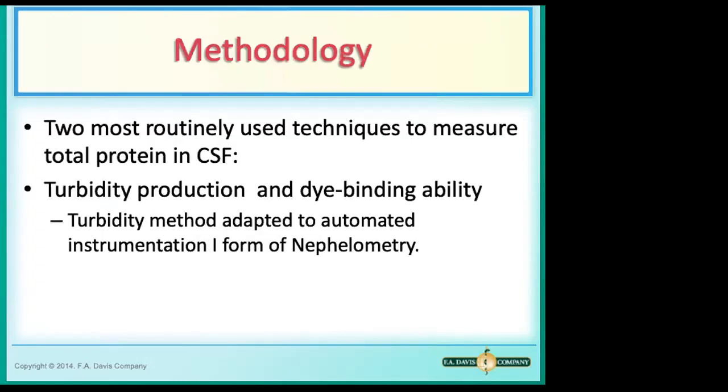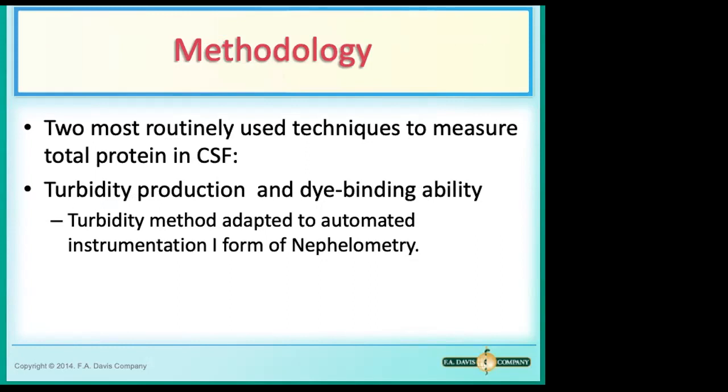So it's necessary to look at these values. What are some of the methodologies that we use to determine proteins? There are two techniques commonly used for measuring total CSF proteins, and they use the principle of turbidity production and dye binding abilities. The turbidity method has been adapted to automated instrumentation in the form of nephelometry.